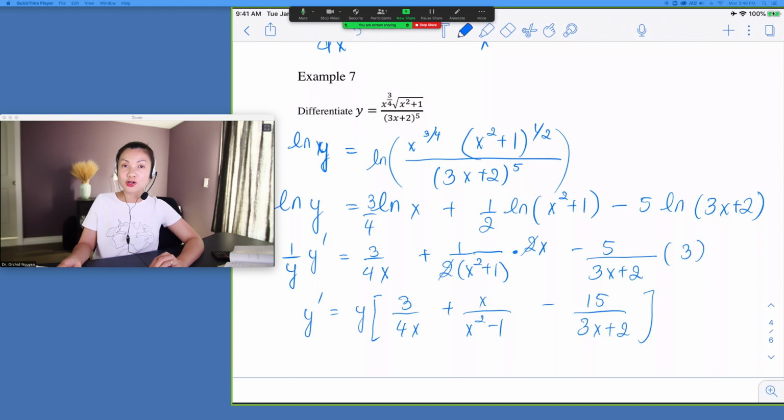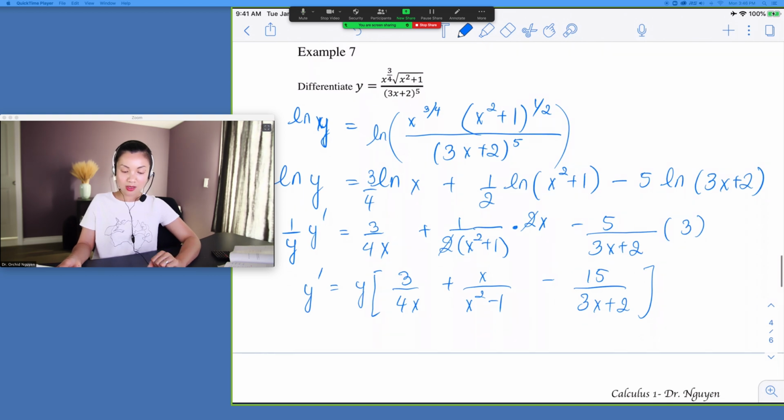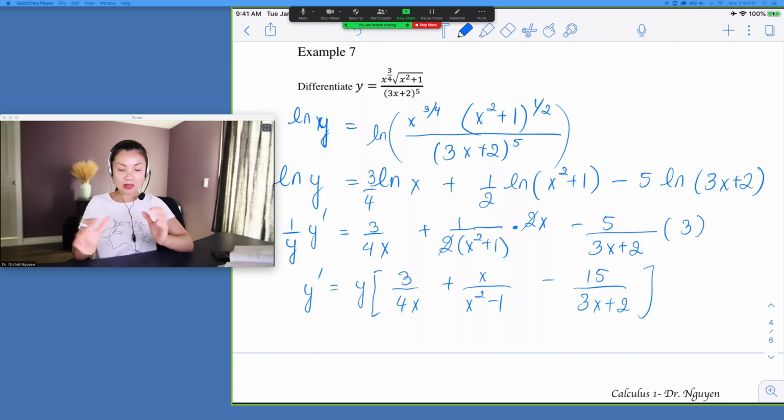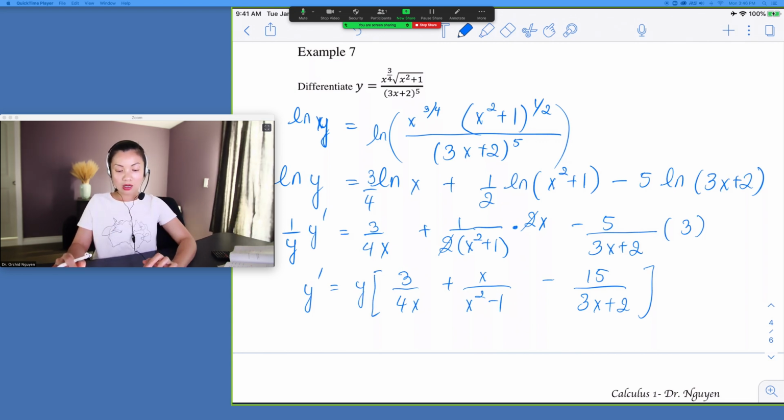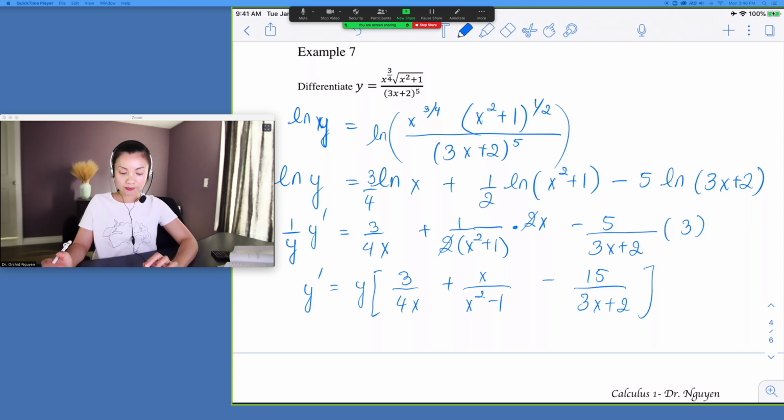And that's my final answer for y prime. So when things get way too messy with product and quotient rule, you can always apply log.